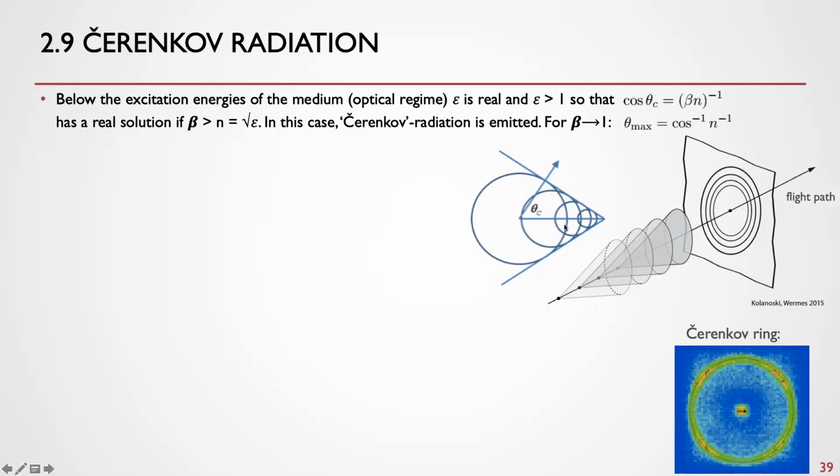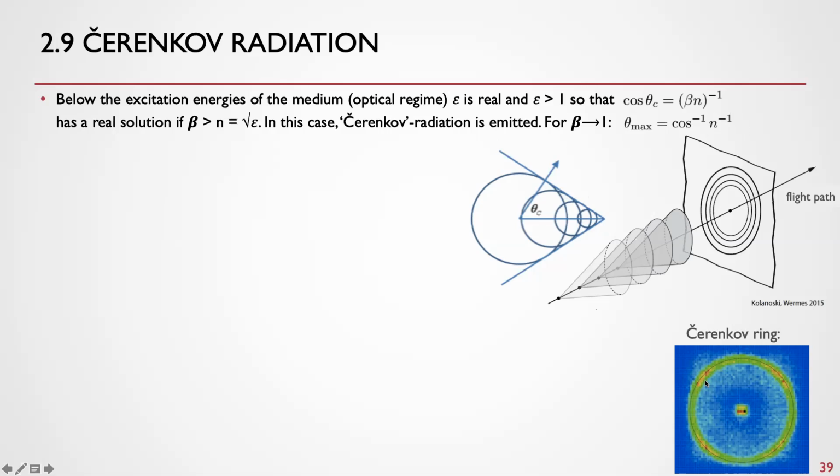Now consider this image here. We have a particle that's traveling here at the center and it travels forward. It moves faster than the speed of light in the medium, and hence a shock wave of light develops. It's emitted at an angle of theta c that corresponds to theta max as a function of the refractive index, and this creates rings at photosensitive detectors.